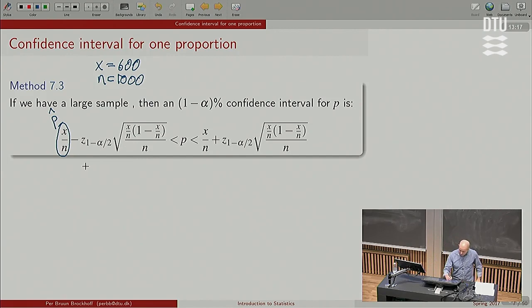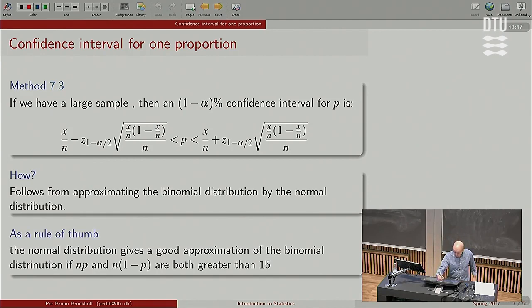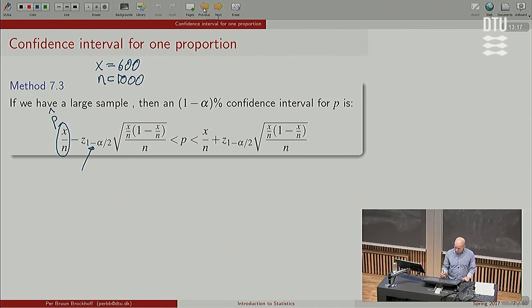The 2 is the quantile. So plus minus 2 times this number, which in fact is the statistical uncertainty of a proportion, or the standard error of a proportion. And it says the proportion minus and the proportion plus. So it's the proportion plus minus the same number here.